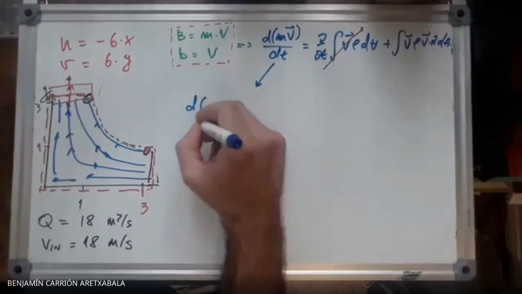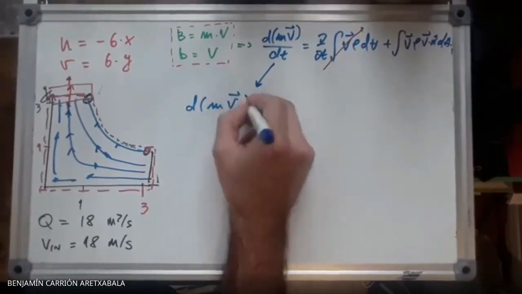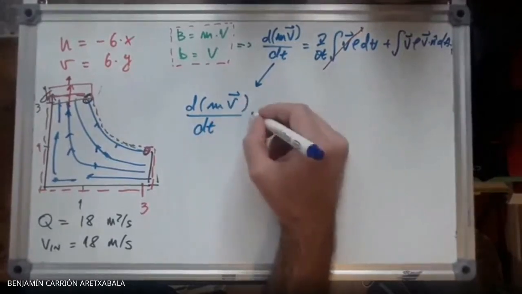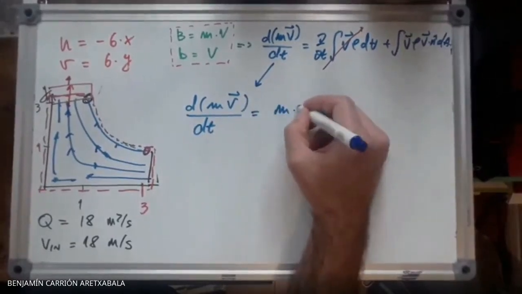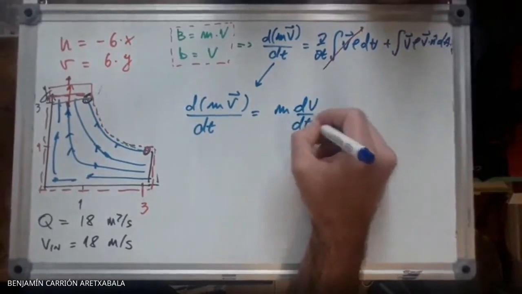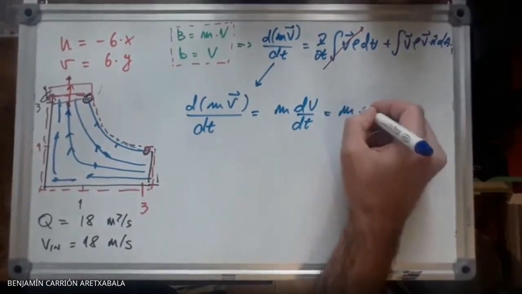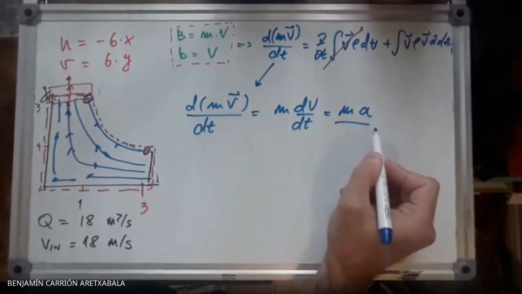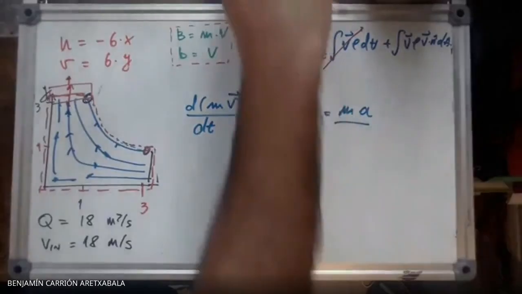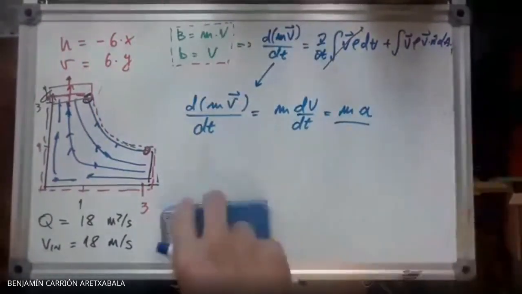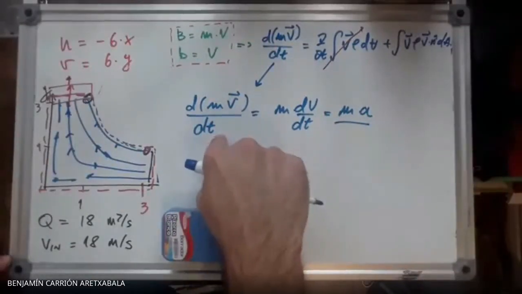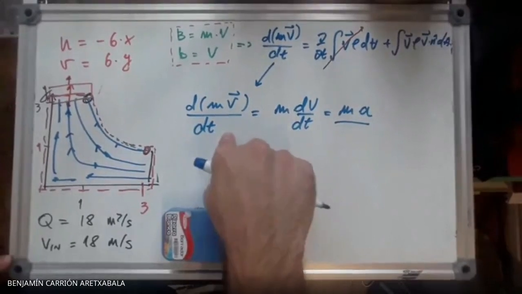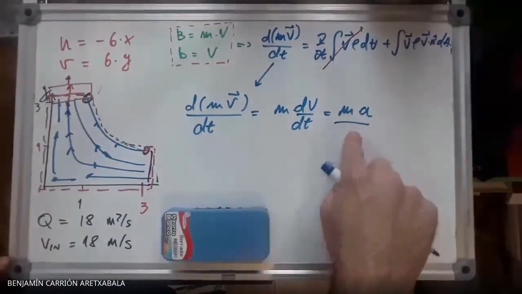So dm at dt, if the mass is constant, then this is just m dv at dt, and this is m times acceleration, right? And what is this? Fuerza. Forces. Excellent. So this is the general principle. Newton said that it was actually, he was talking about momentum, really, not ma.